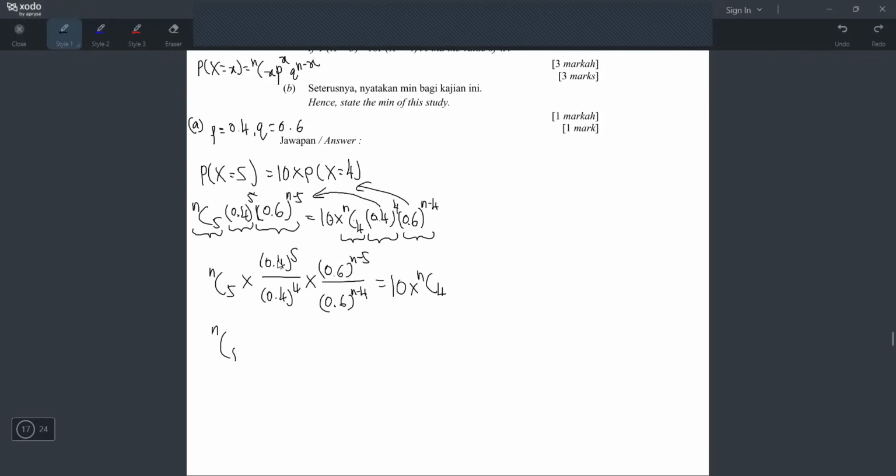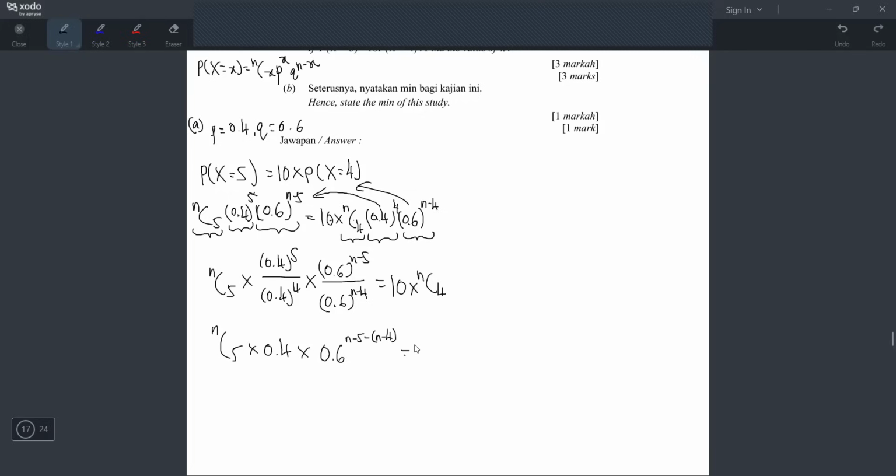Yeah, this one can be done because 0.4 power 5 divide 0.4 power 4 is just 0.4. Because the base is the same and we divide, the power we have to minus. So 5 minus 4 is power 1, right? You can use a calculator, press also, you'll get the same. What about this one? It will be 0.6 power n minus 5. The base is the same and we want to divide. It means the power has to minus. So n minus 5 minus bracket n minus 4.